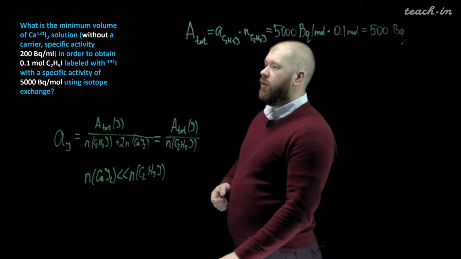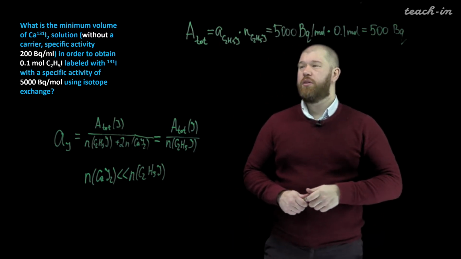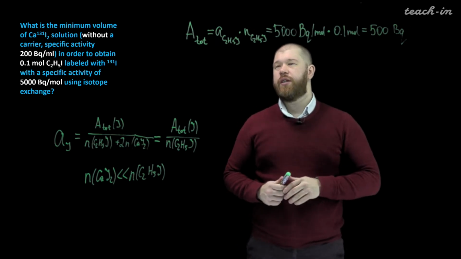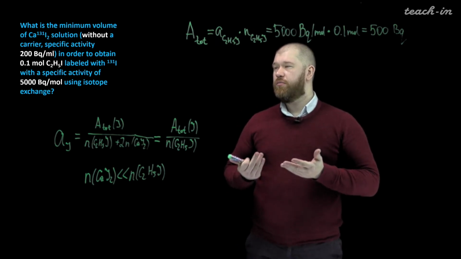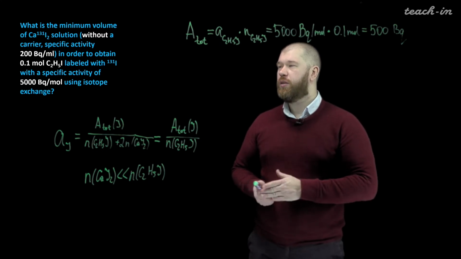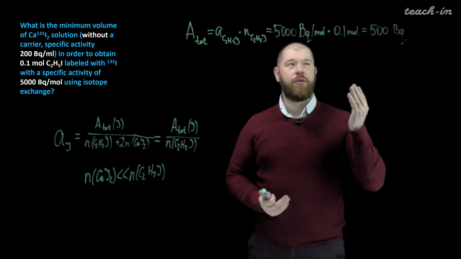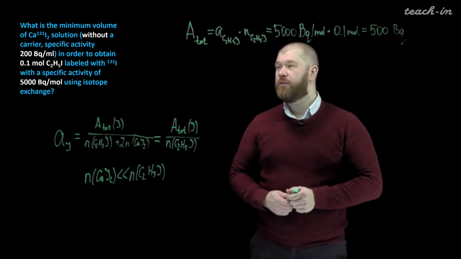As far as all the activity that we will add to our system will go to the ethyl iodide, that means that we should simply calculate the volume of our calcium iodide solution that will bring to our system 500 becquerels.